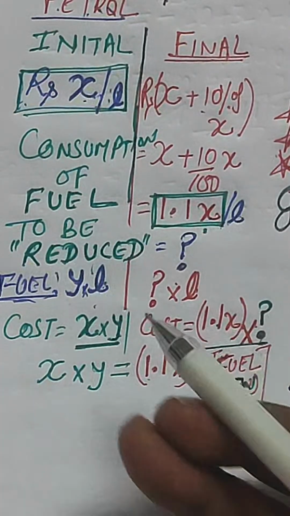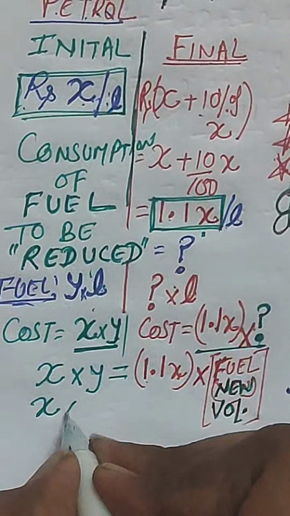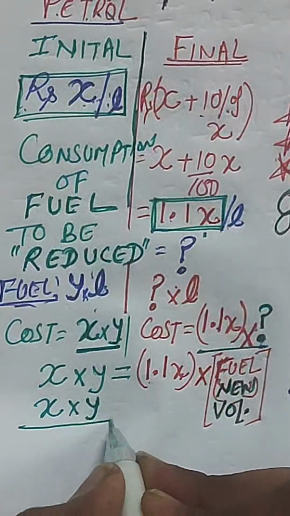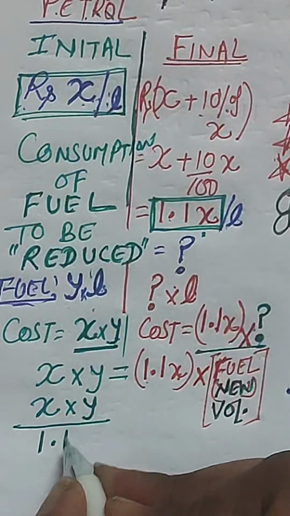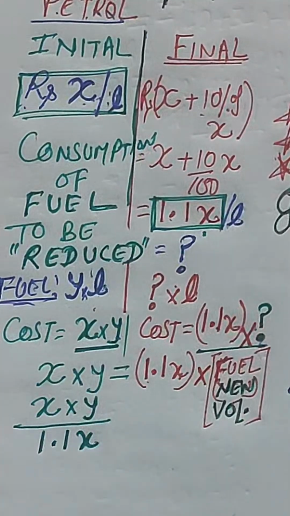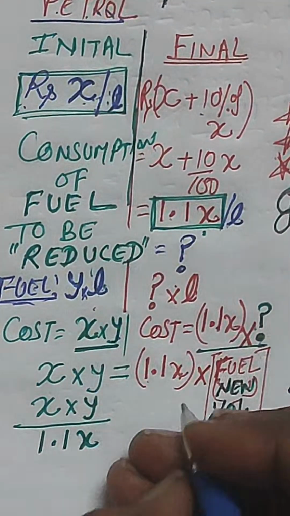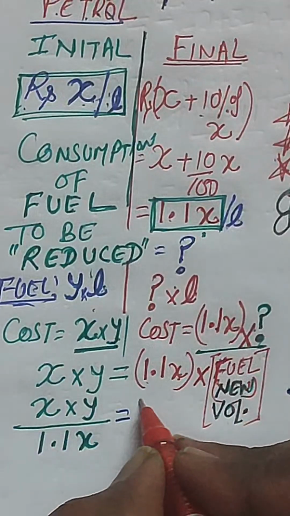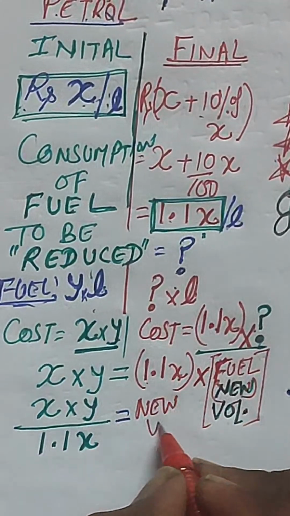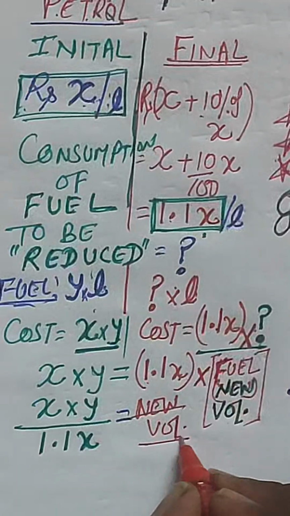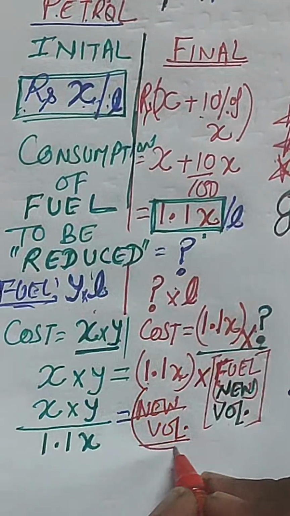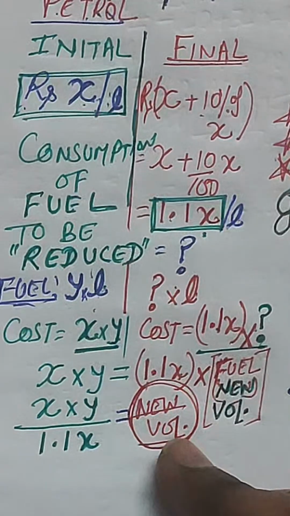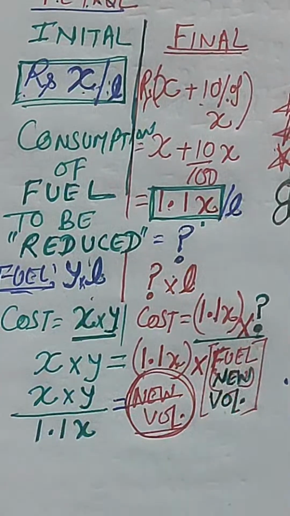How? See. Here you can see x into y divided by 1.1x, right, will give you the value of the new fuel volume. That means after the increase in cost, only this much of petrol you need to consume just to make your expenses balanced as earlier, right?